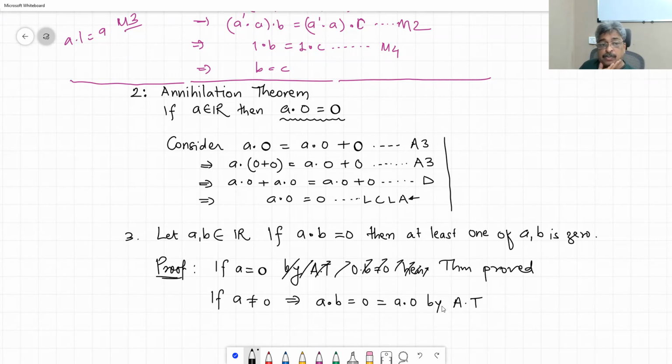That is not the condition for the annihilation theorem, but that is the condition for the left cancellation law of multiplication. This implies b is equal to 0, by the left cancellation law of multiplication. Hence proved.